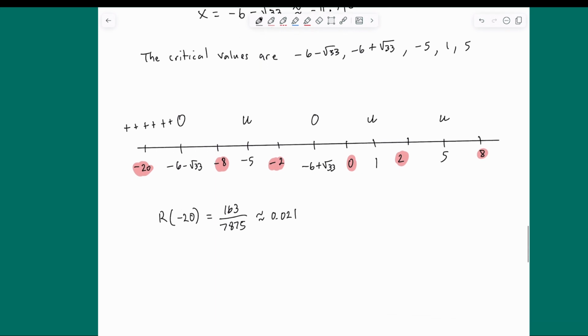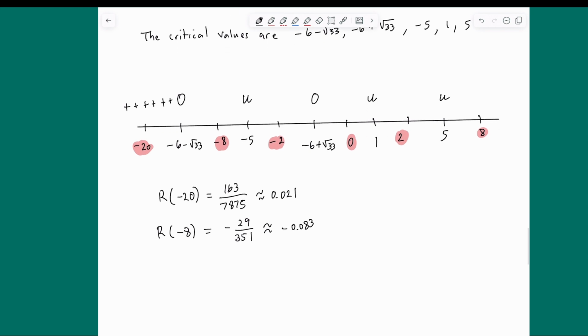All right, now I'm plugging negative 8 into our rational function. We get the fraction negative 29 over 351, which is roughly negative 0.083. Okay, once again, these calculations are very tedious by hand, so I already did it in advance.